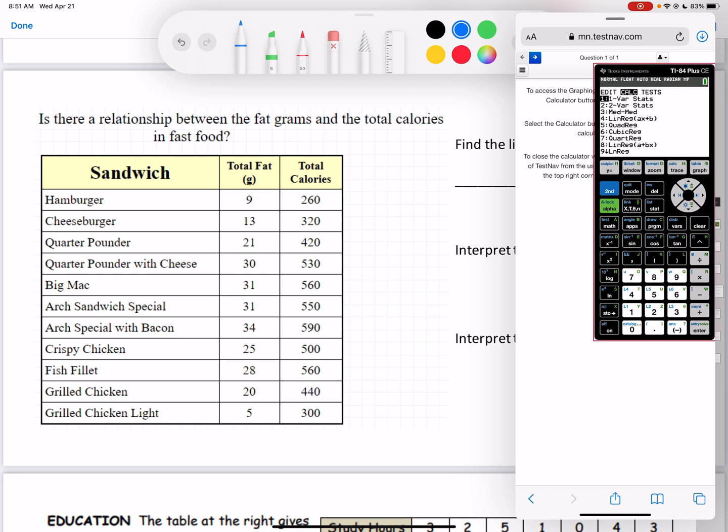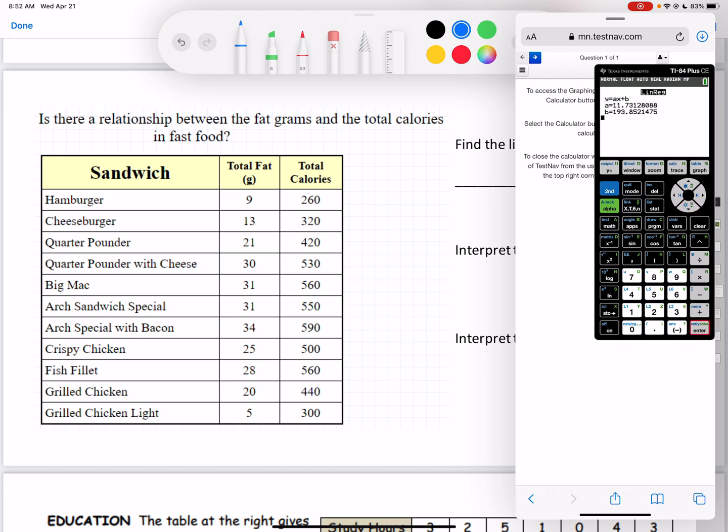I'm going to number 4, linear regression. Okay, and when I go to linear regression, it should say L1, L2. If it ever doesn't say it, or if your calculator for some reason has erased the L1 and the L2, what you have to do to change L1 is you can go second, alpha, and that'll change it to like L3. So second 3 will change it to L3. But I'm on L1, so I'm going to change it back to L1. You don't have to type anything for the frequency list or the stored regression equation.